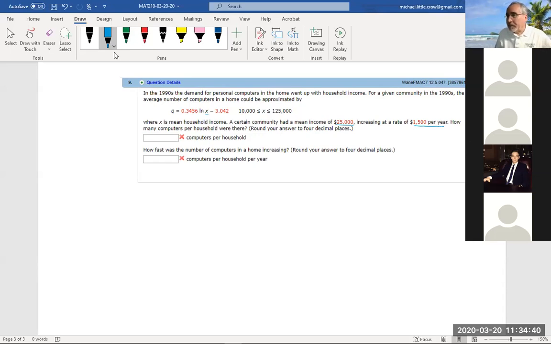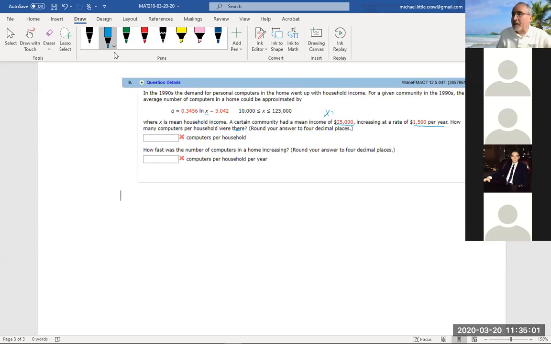Let's see, what are we doing? Okay, so first, how many computers per household were there? Well, we're given X. X is the mean household income. X equals 25,000.